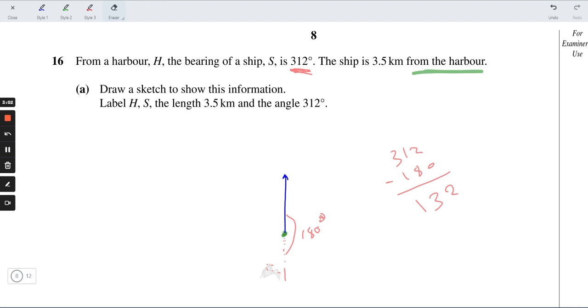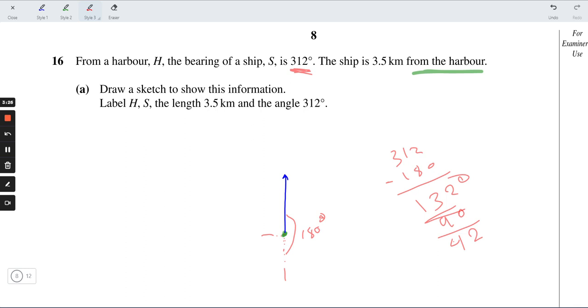Now we need to have an angle 132 degrees. So almost, from here to here is 90 degrees. 90 degrees again, then we have 42.